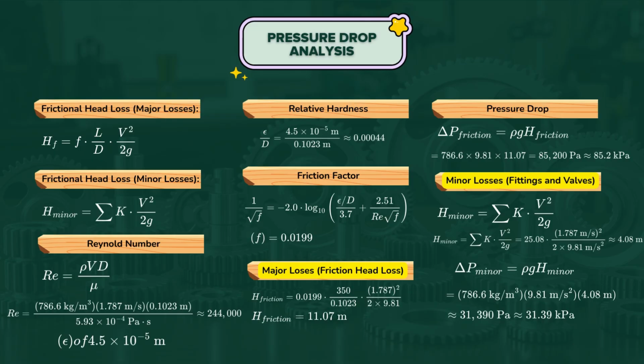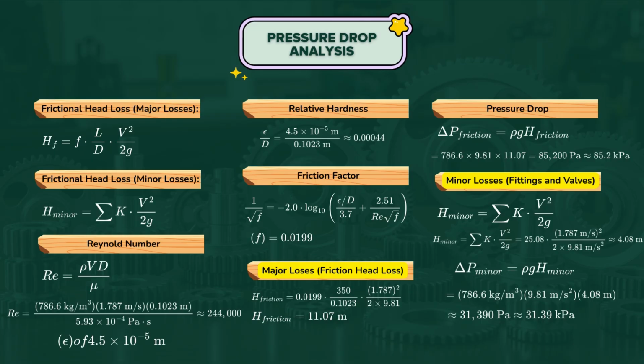For turbulent flow in rough pipes, the friction factor depends on both Reynolds number and the relative roughness. The selected SS316 pipe has an absolute roughness of 4.5 times 10 to the power of negative 5 m, leading to a relative roughness of 4.5 times 10 to the power of negative 5 m divided by 0.1023 m, which equals 0.00044.